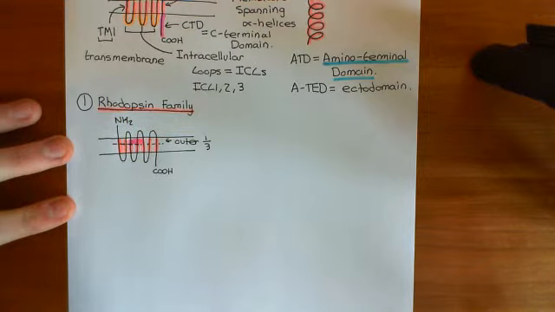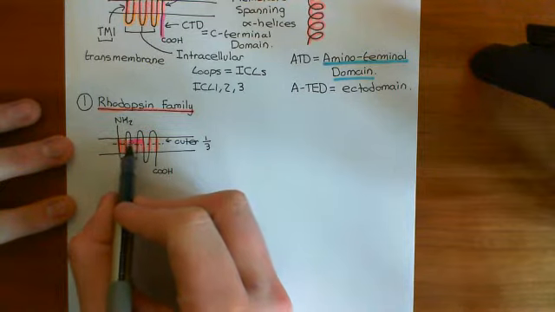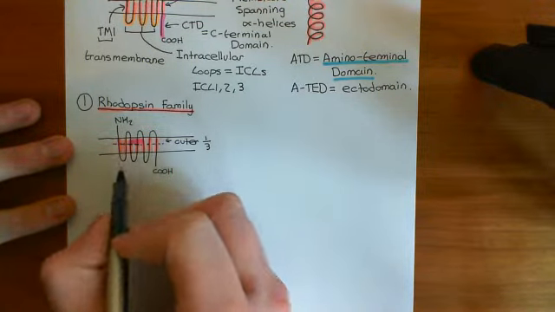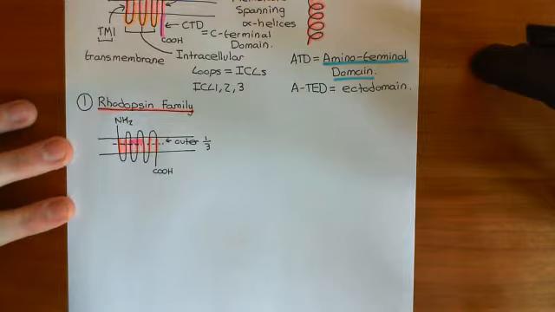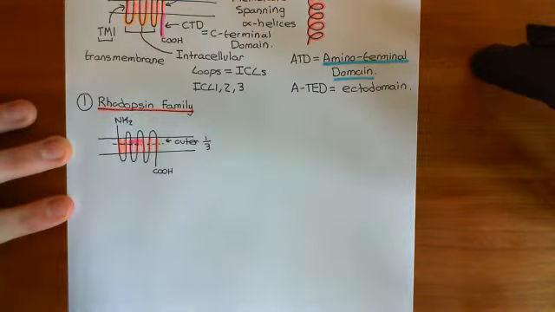Now, on my picture, I've specifically drawn it interacting with the 3rd, the 4th, and the 5th membrane-spanning alpha helices. But in reality, it can interact with many different ones in different examples of rhodopsin family G-protein coupled receptors.